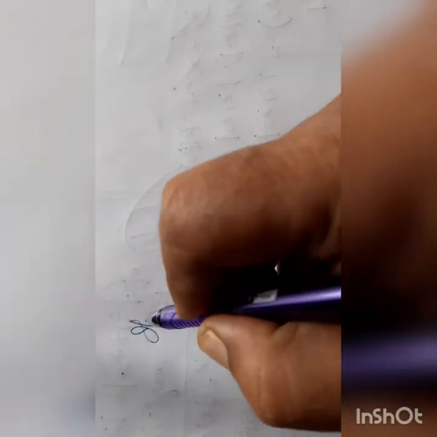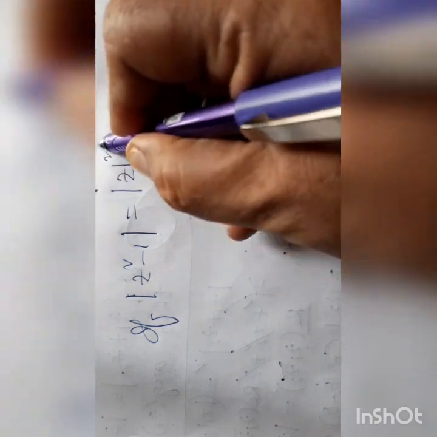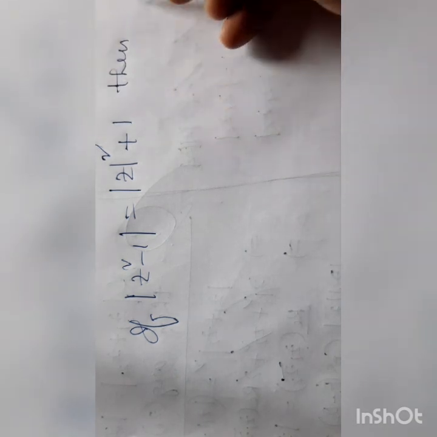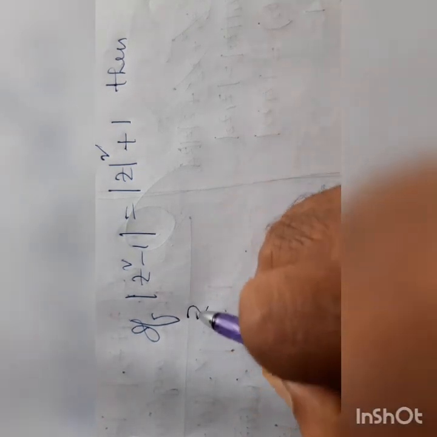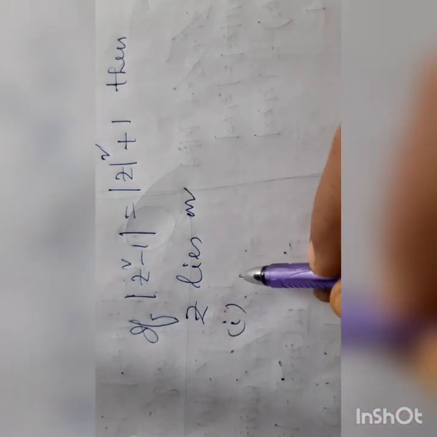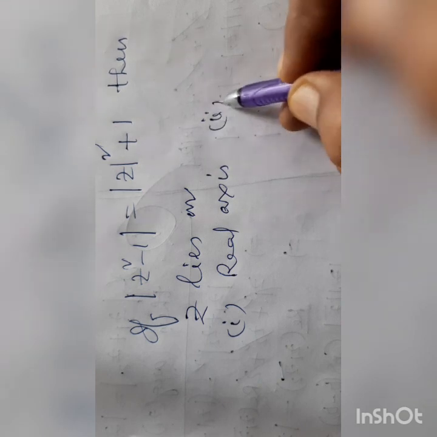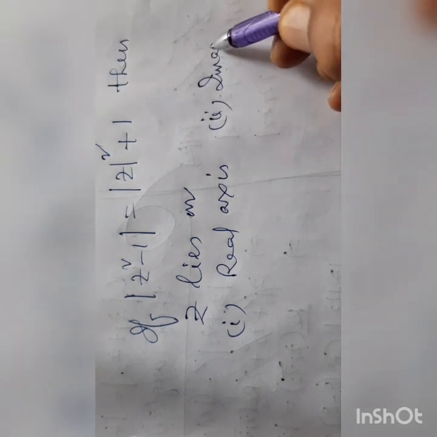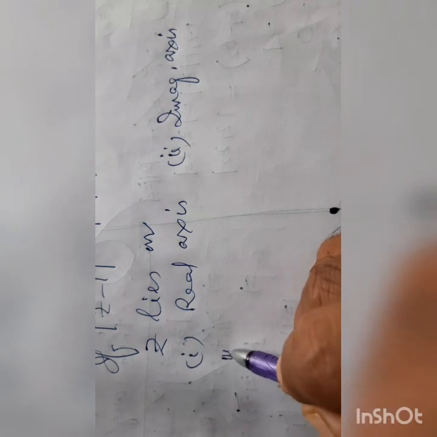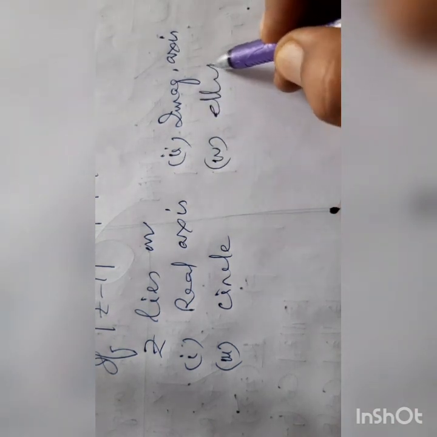If mod of z square minus 1 equals mod z whole square plus 1, then z lies on: first option, the real axis; second option, imaginary axis; third option, circle; fourth option, ellipse.